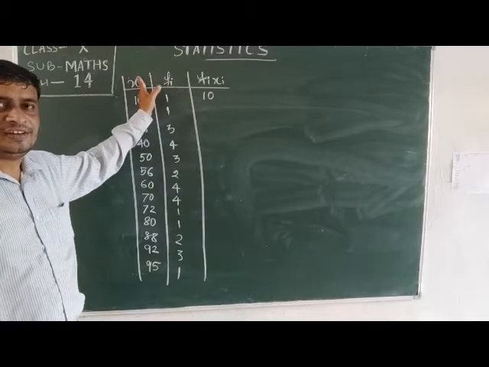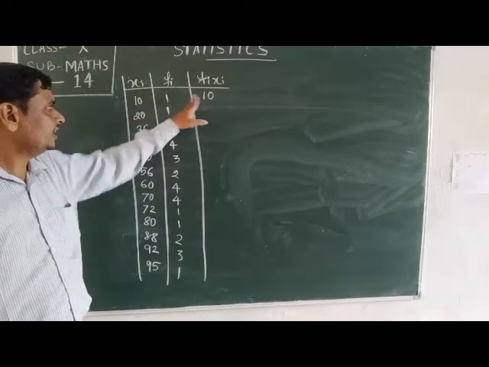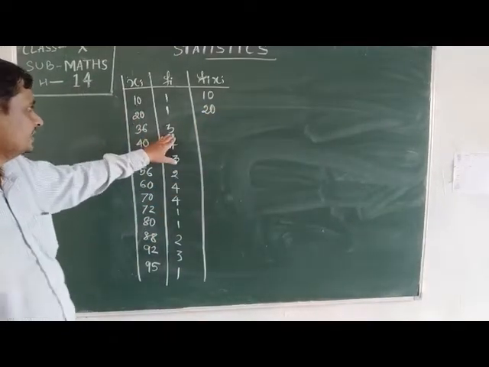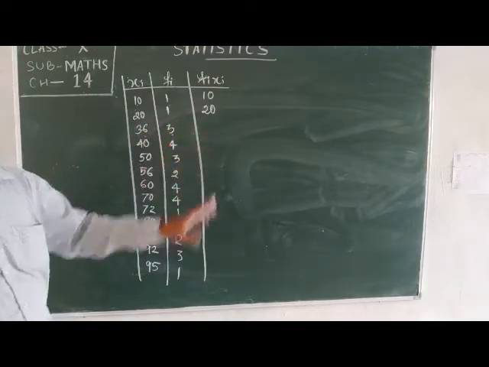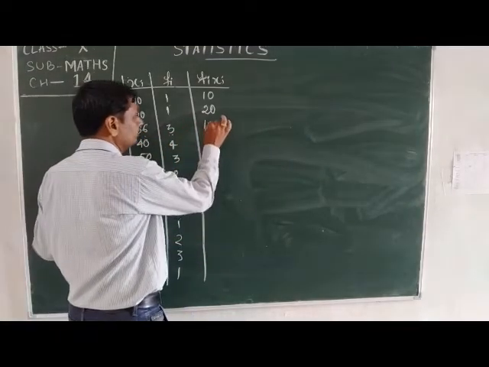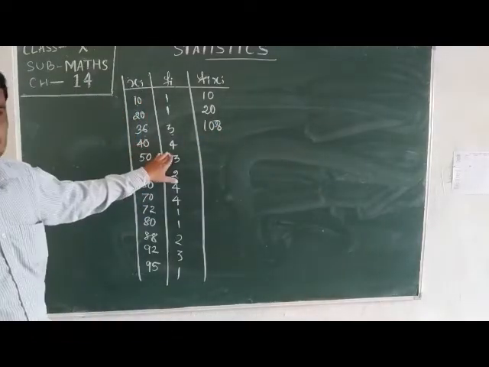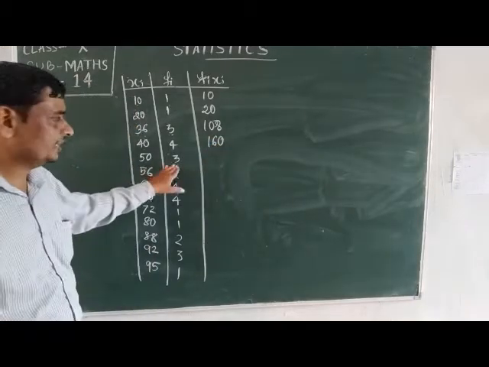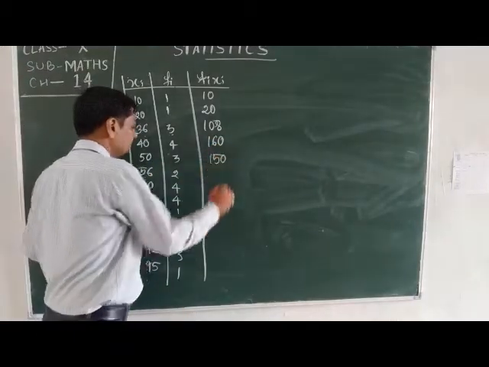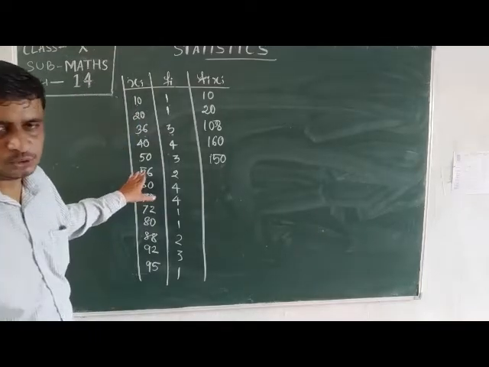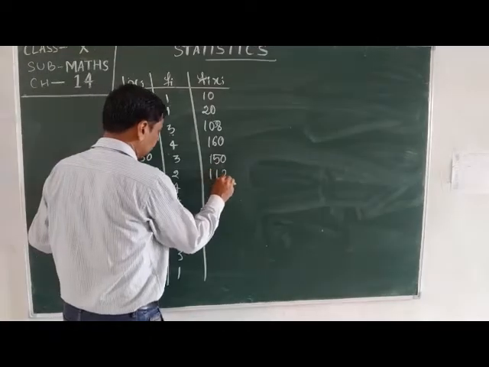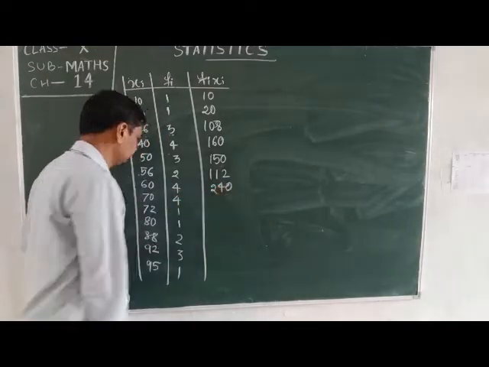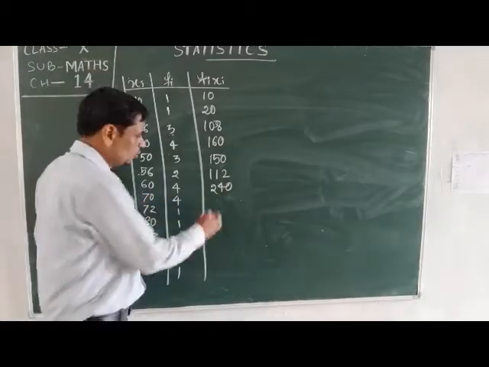The product of fi and xi: 1 into 20, that is 20. 36 into 3, that is 108. 40 into 4, that is 160. 50 into 3, that is 150. Then 56 into 2, that is 112. 60 into 4, that is 240. Then 70 into 4, that is 280.